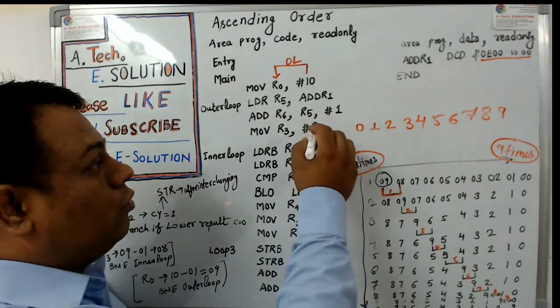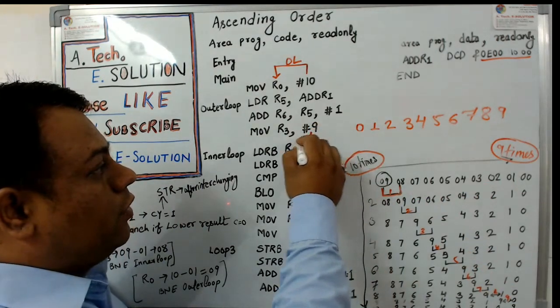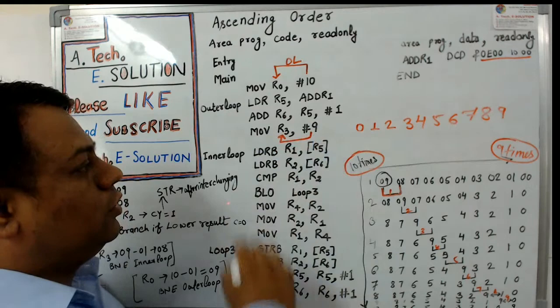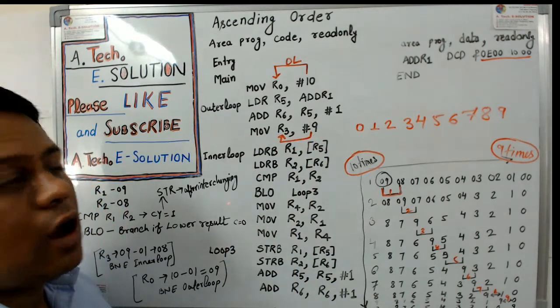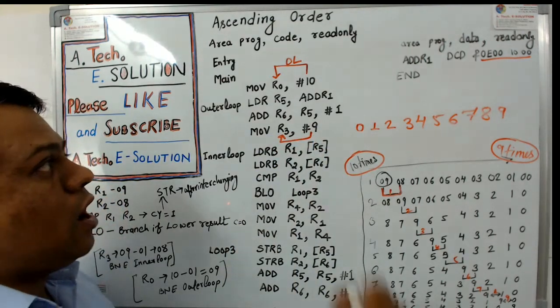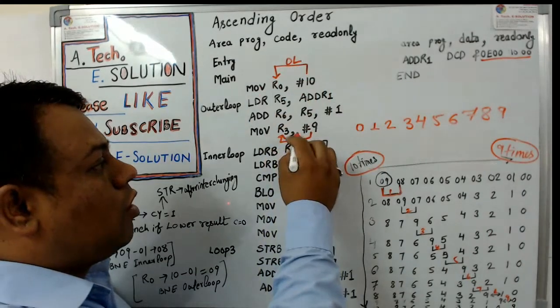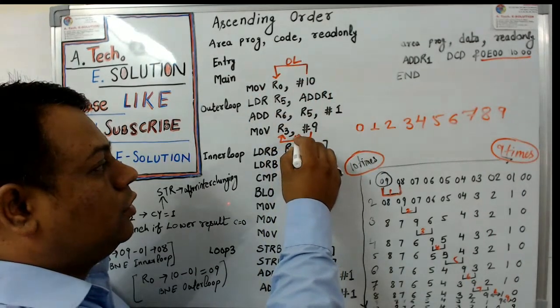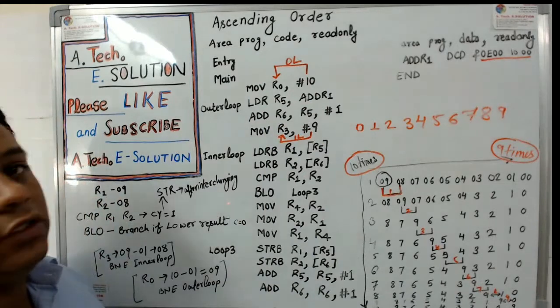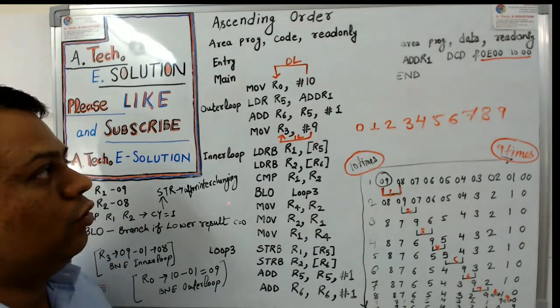The second counter is right here. We put this counter in the R3 register. So the R0 register is used for the outer loop and the R3 register is used for the inner loop.